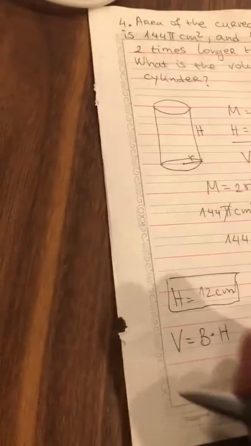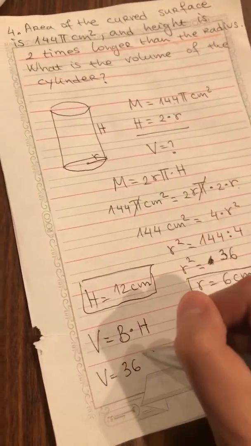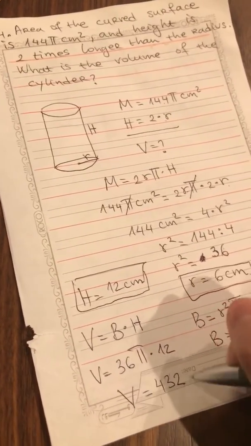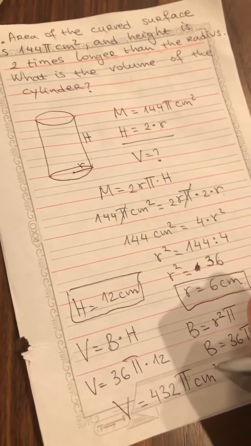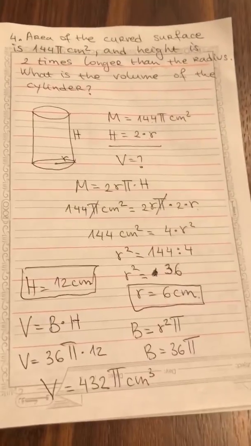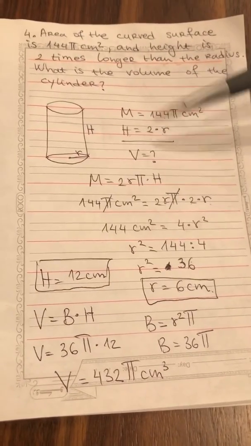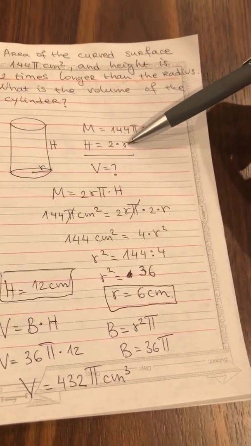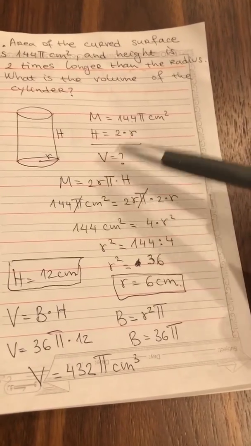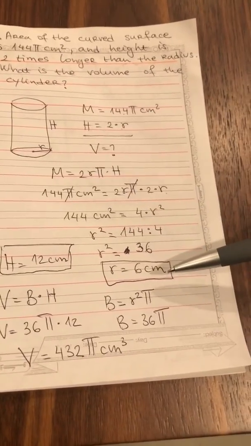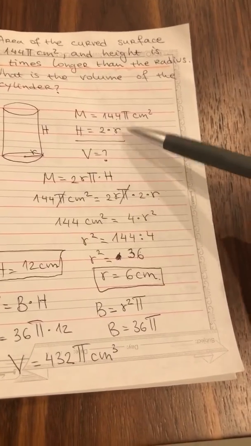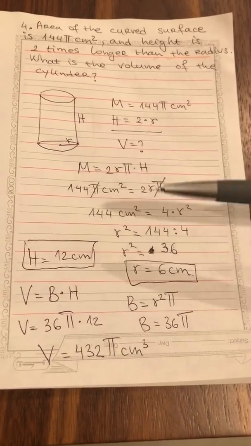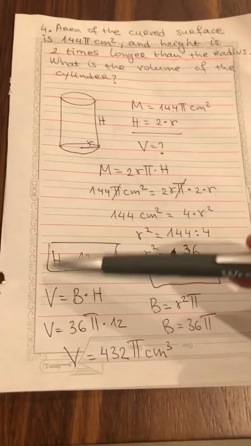We are going to put both of these in the formula, so that is 36 pi times 12, which is in the end 432 pi centimeters cubed. So to sum up, we had the curved surface area, we had the information that height is 2 times longer than the radius, and from the formula we got to find how long r is. We put it back here, got the length of h, and we put all of that in the formula for the volume as soon as we found the base.